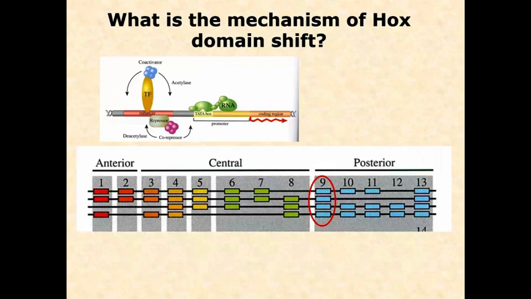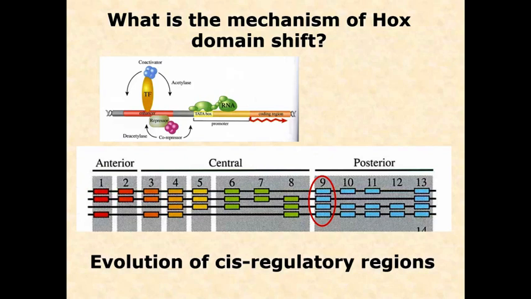And so when this happens, by changing regulatory elements on Hox complex A, we could change where 9 was expressed. And so even though they might have a conserved ancestral feature, they can evolve new features by this change in domain. And they may even maintain the exact same function.